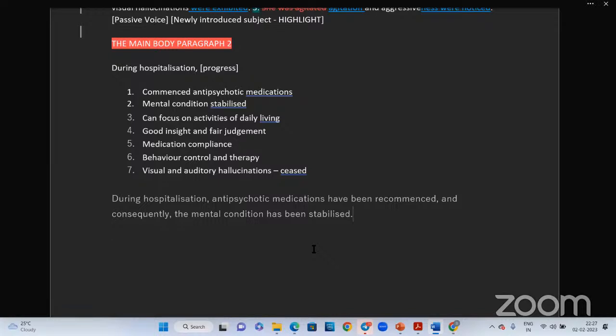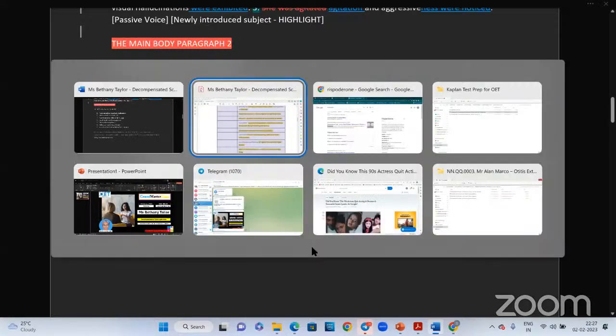Performing activities of daily living has been possible.